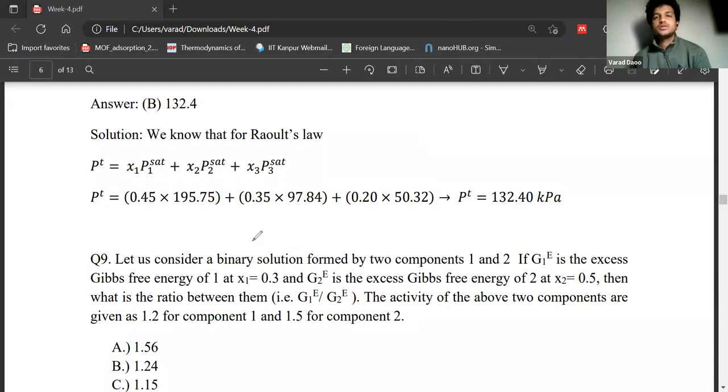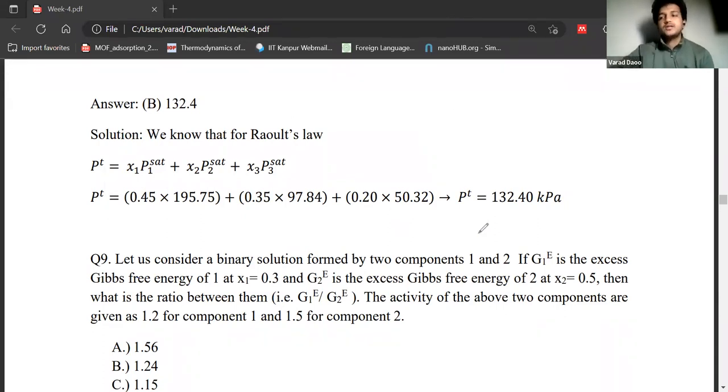This is the question on excess properties. Let us consider a binary solution formed by two components, component 1 and component 2. G1E is the excess Gibbs free energy of component 1 at x1 equal to 0.3, and G2E is the excess Gibbs free energy of component 2 at x2 equal to 0.4, 0.6 or 0.5.